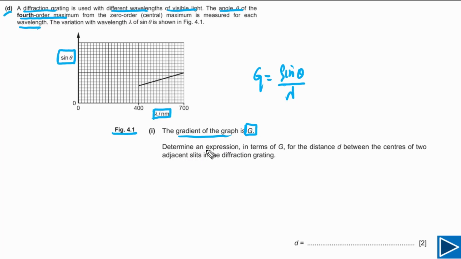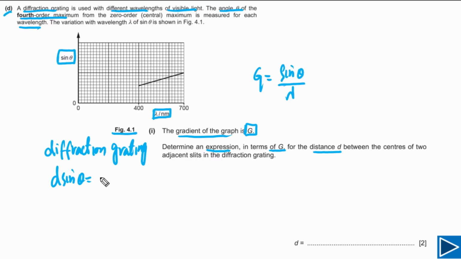We need to determine an expression in terms of capital G for the distance d. So first you can start from here. For a diffraction grating, we understand d sine theta is equal to n lambda. We need to find d. So simply we can write down d is equal to n lambda over sine theta. If we look at G, this is equal to sine theta over lambda.